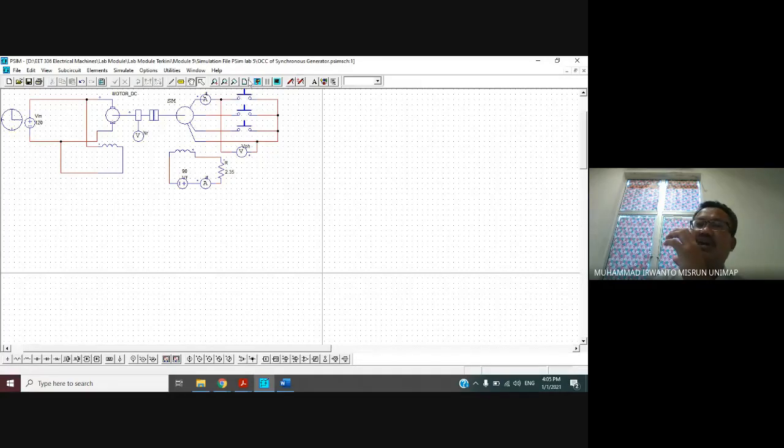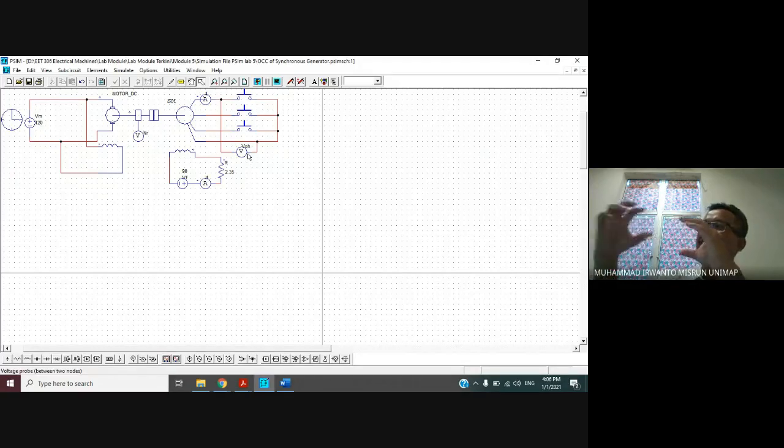Remember, when the condition is open circuit, there is no current that can flow through this armature resistance. There is no current flowing through the stator winding. So you just obtain the value of phase voltage.